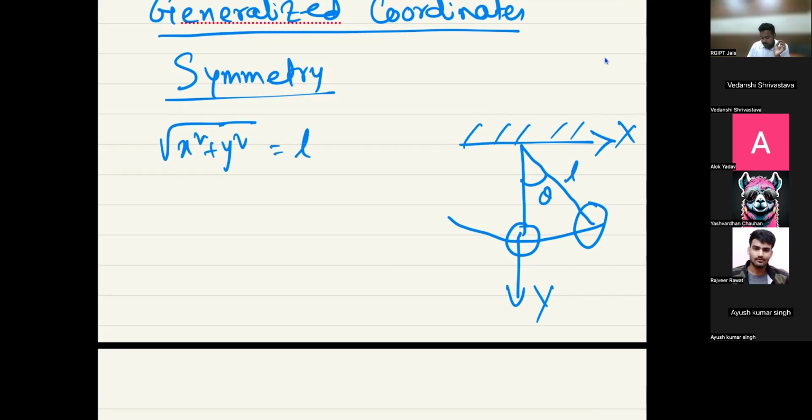So X and Y are related, and we don't need these two coordinates to solve this problem. Here the only independent coordinate is theta. If we have only this one coordinate variable, it is sufficient to completely describe the system. So here theta is called the generalized coordinate.